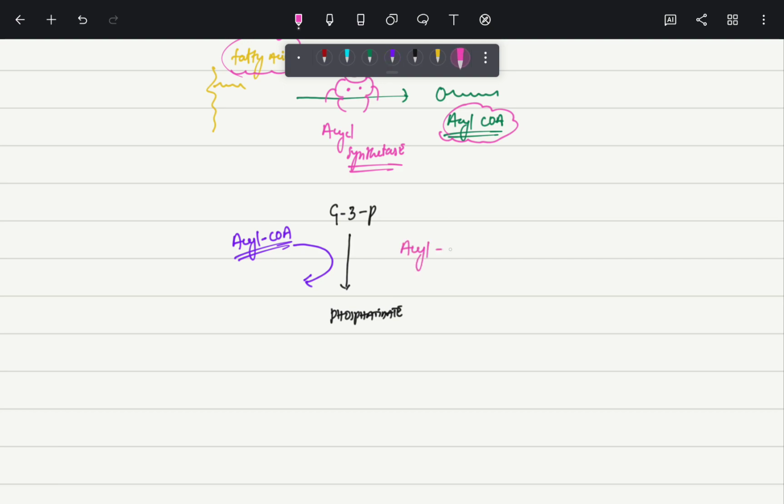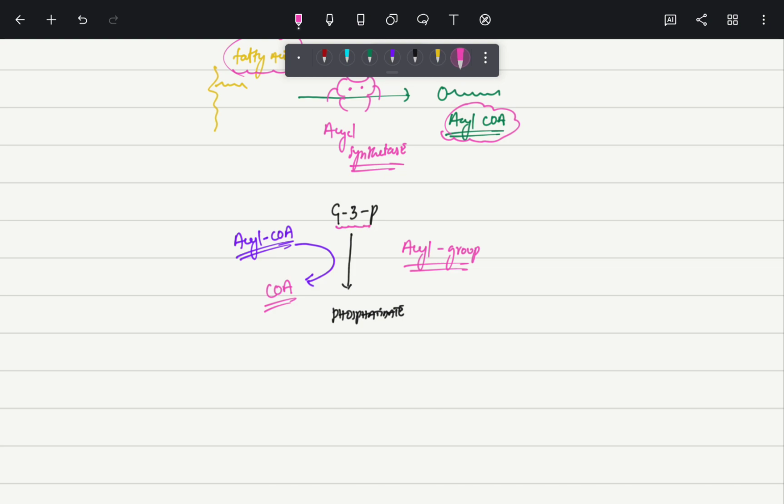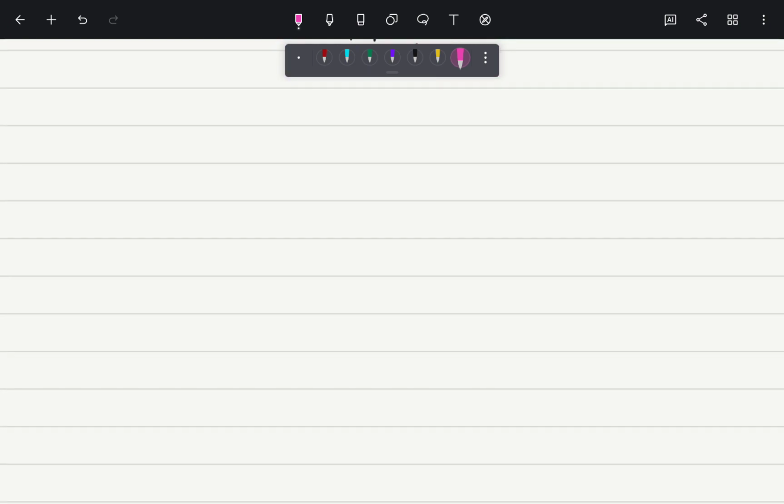We are going to donate the acyl group to the glycerol 3 phosphate, and during this step the CoA will come out as the byproduct. So whenever the glycerol 3 phosphate needs to be converted into phosphatidate, we need acyl CoA, and glycerol 3 phosphate will accept the acyl group, and whenever the acyl group is accepted, the CoA comes out as the byproduct. Now how this glycerol 3 phosphate is converted into phosphatidate, we have to understand.